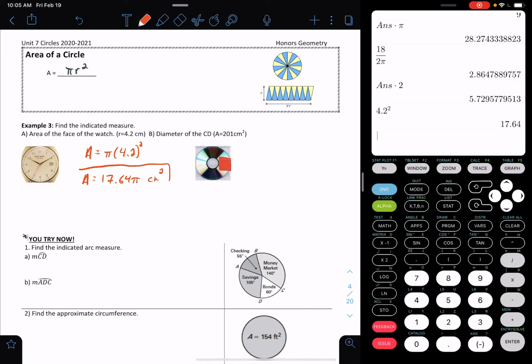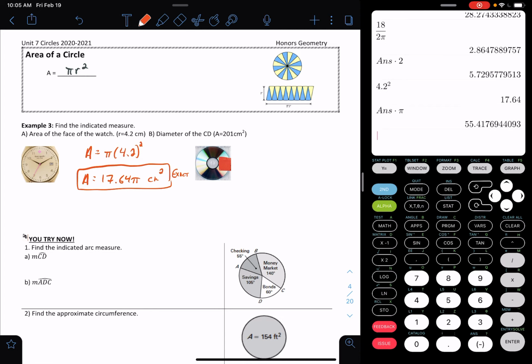All right, so that's my exact answer. Now, all I need to do to find my approximate is multiply this by pi. So the area is going to be about 55.418 centimeters squared. This is my approximate.